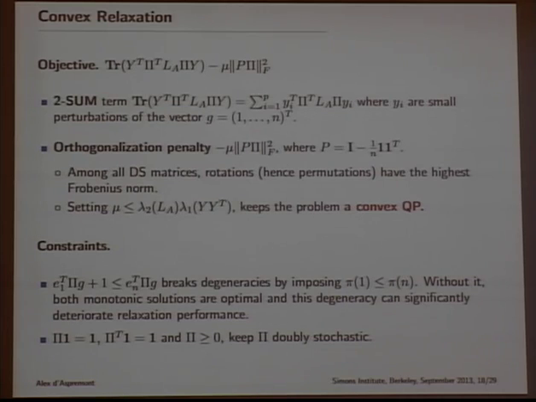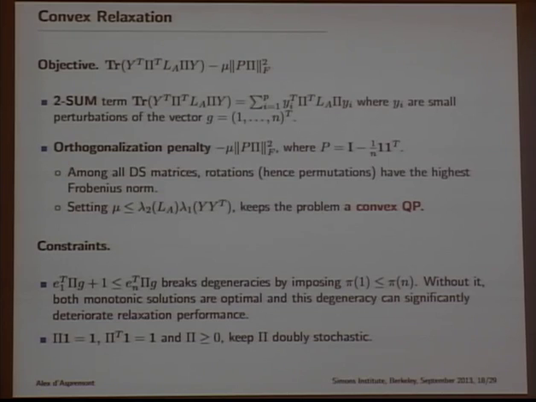And then there's an additional trick, which is to say, well, our objective is convex. We minimize it so we get a point somewhere in the center of the set of doubly stochastic matrices. The nice permutation matrices we care about are on the edge. So we want to push our matrix, make our objective as concave as possible.